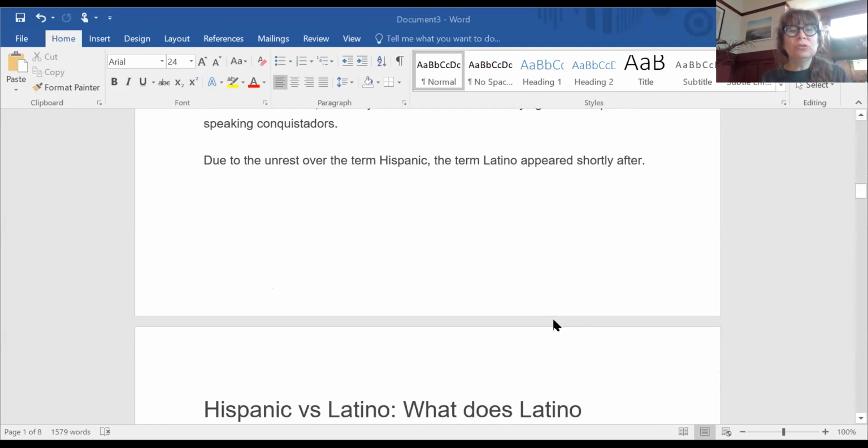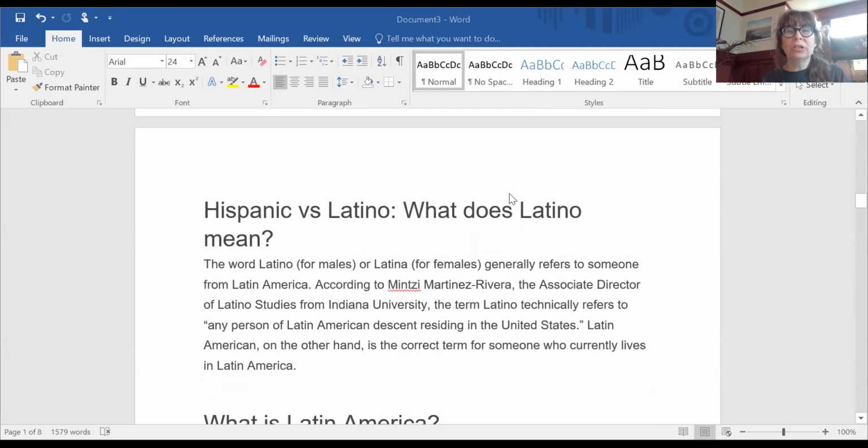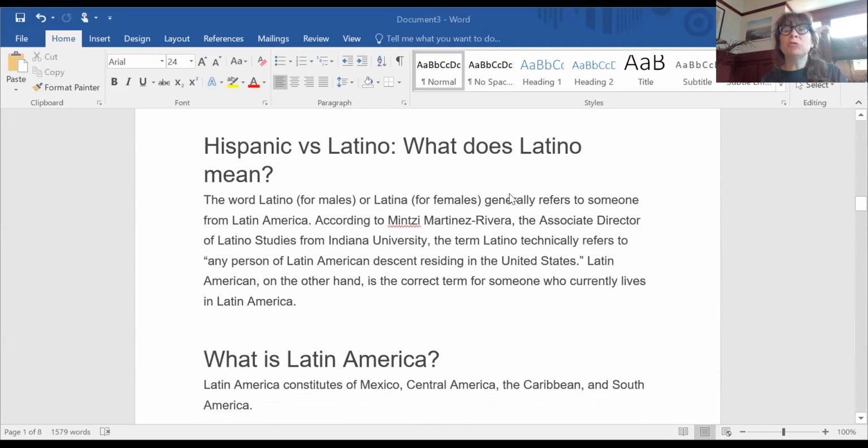Let's continue. Due to the unrest over the term Hispanic, the term Latino appeared shortly after. So let's see what the difference between Hispanic versus Latino is. All right. The word Latino for males or Latina for female. So the A makes it feminine and the O makes it masculine.